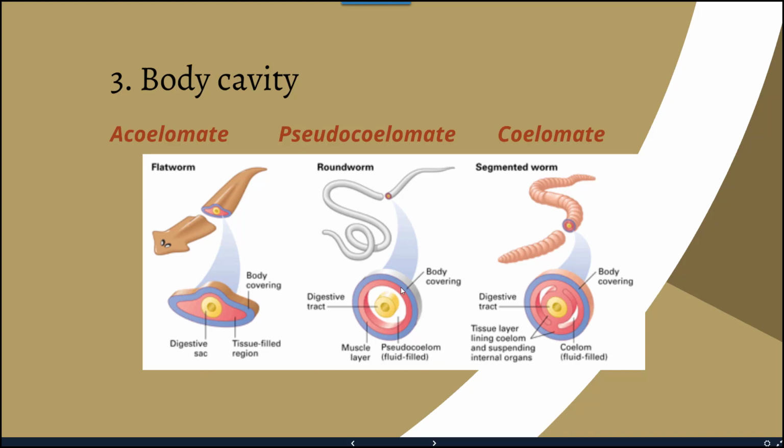In pseudocoelomates, you have a fluid-filled area that surrounds the digestive tract, and then several different types of tissue surrounding that interstitial fluid, or inner tissue fluid, I guess. And then a full coelomate is going to be an organism that has tissue layers that are suspending the internal organs there.